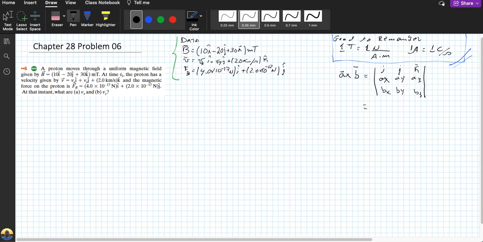Now, you're going to see why I wrote this matrix here in a few minutes. So let's start working on this problem here. By the way, let me add something else here: our charge, I mean the proton, is going to be positive, 1.602 times 10 to the minus 19 coulombs.